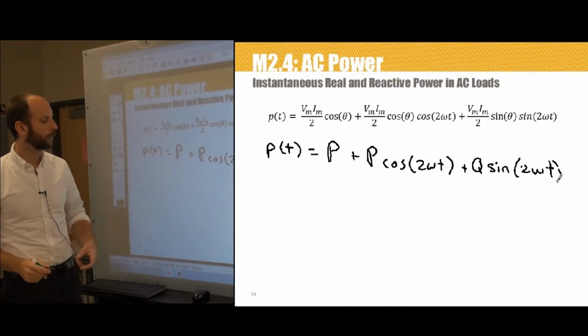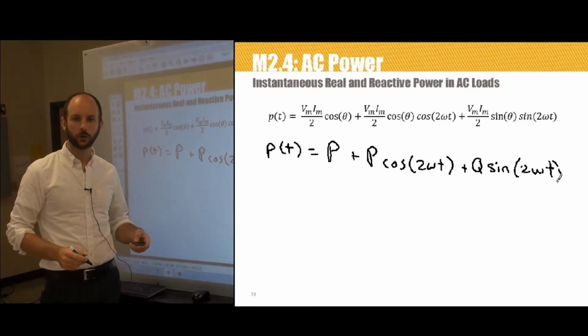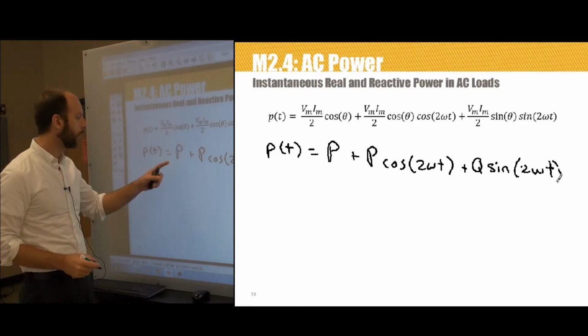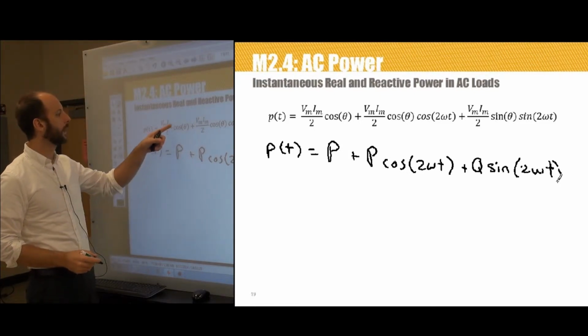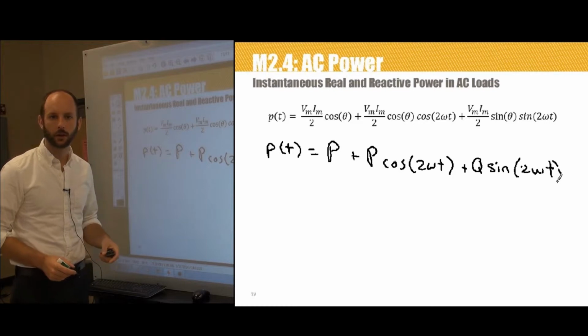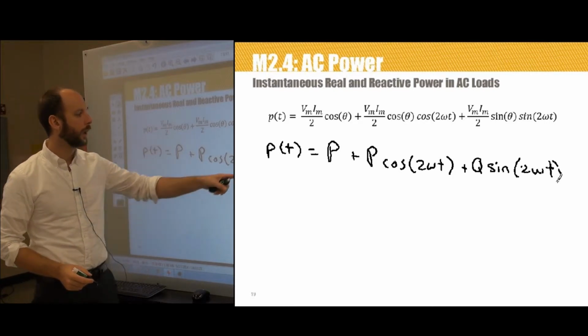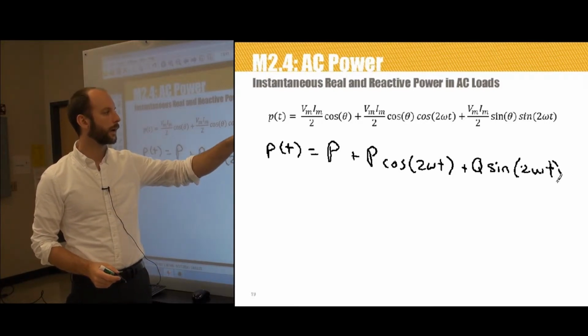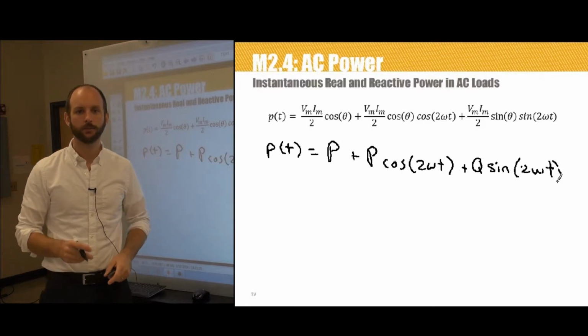What we're saying here is that P is equal to Vmax times Imax over 2 cosine of theta. We just performed a substitution there. And Q is equal to Vmax Imax over 2 sine of theta.